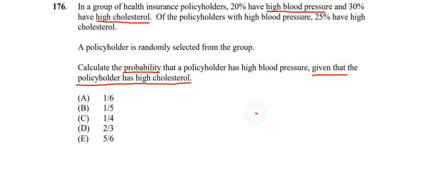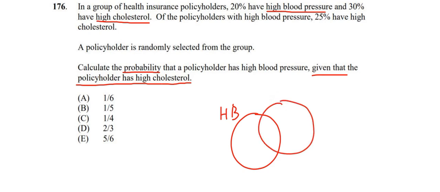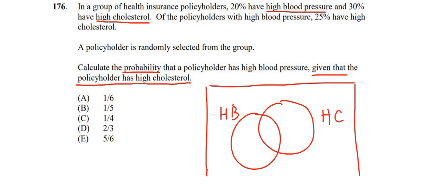Let's say we put here the high blood pressure, and here the high cholesterol, and outside. Okay, so we put this information. HB is 20 and HC is 30.